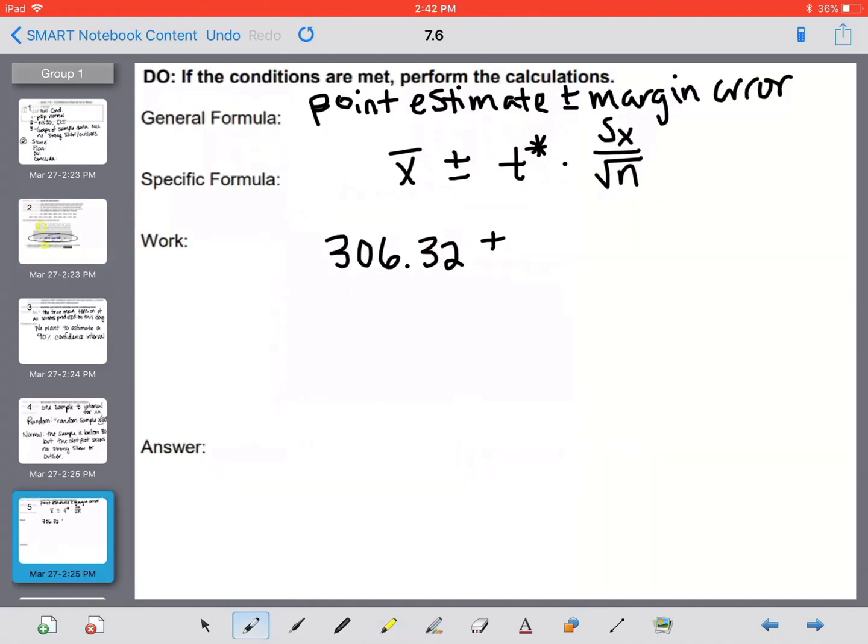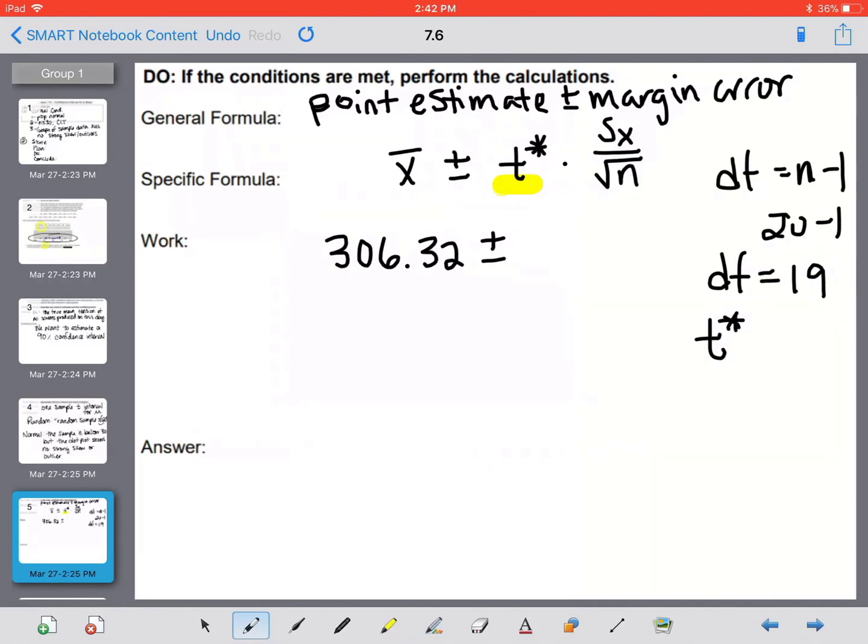Plus or minus. Now to find our t, we have to go to our table B and get our degrees of freedom. Our degrees of freedom, remember, are n minus 1, so 20 minus 1 is 19. And if I go on to that table, I would see that our t would be 1.729.